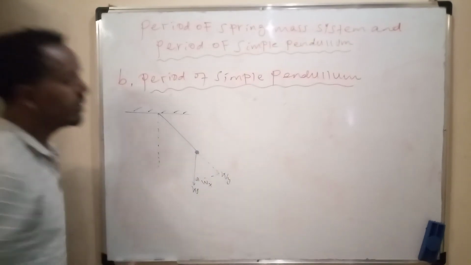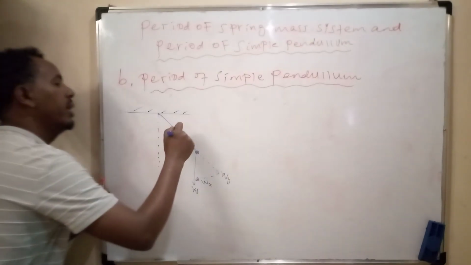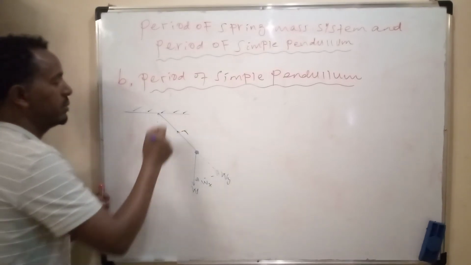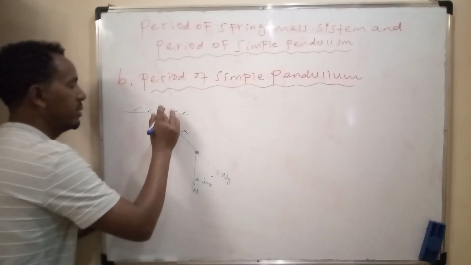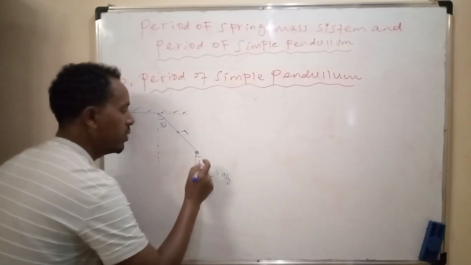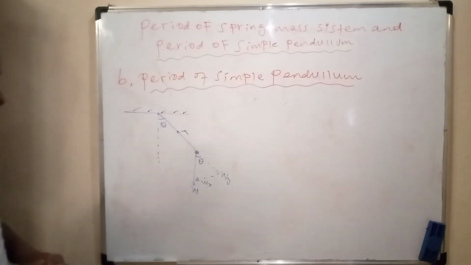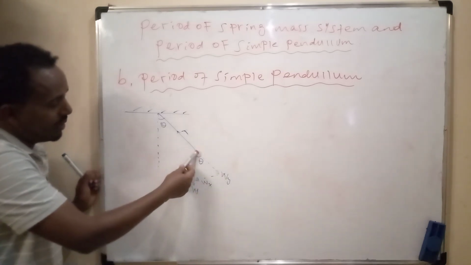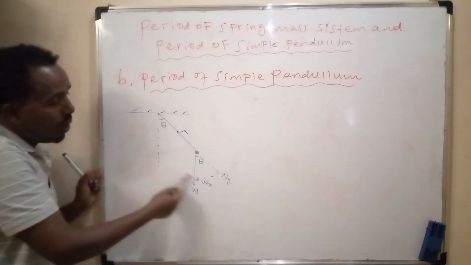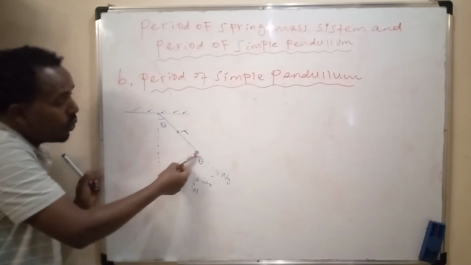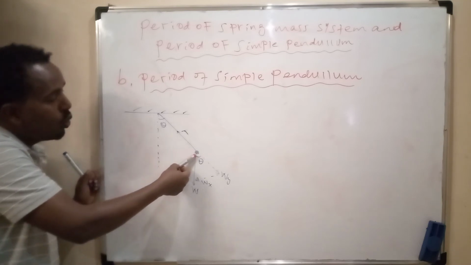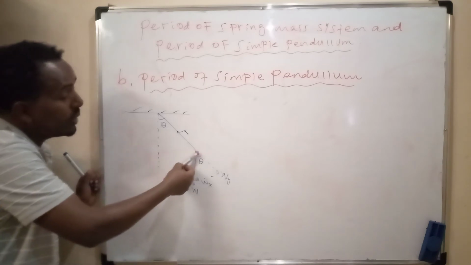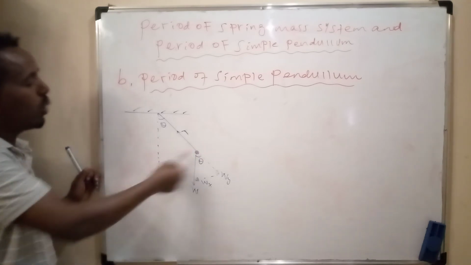Here there is tension, and angle theta here. Here is also angle theta. But W x is the only force that acts on the bob of the pendulum to oscillate it, or to return the bob back toward the equilibrium position.